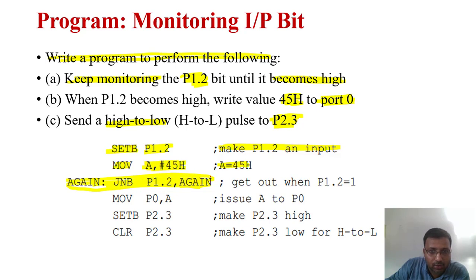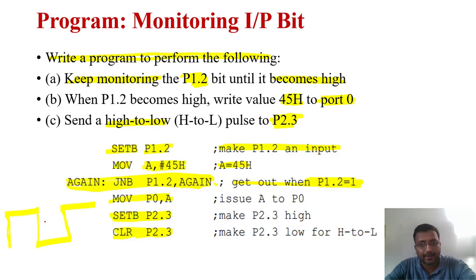JNB P1.2, jump if no bit, again, so it gets out when P1.2 equals 1. The next instruction is to move the data into the port, so I write MOV P0, A. Then I need to send one pulse. How to send the pulse? SETB P2.3 and CLR P2.3. So this makes a high to low transition: there is a high pulse, then a low pulse, and that's it.